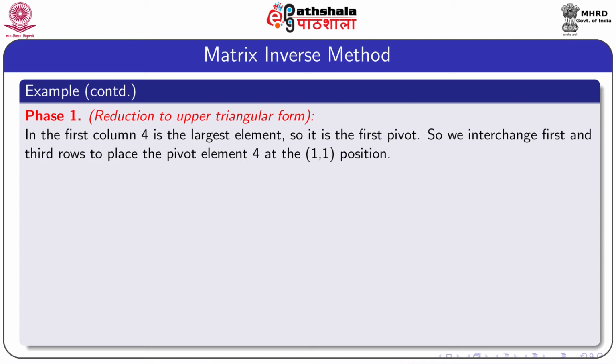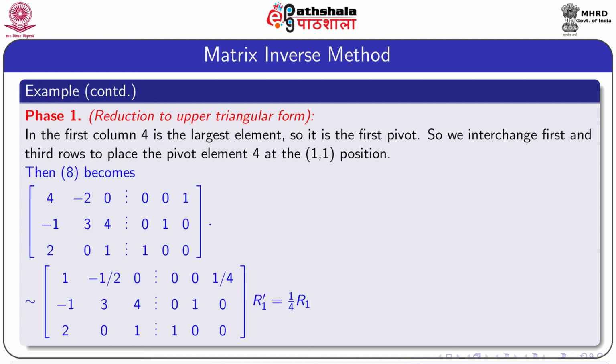So, we interchange the first and third rows to place the pivot element 4 at the 1 1 position. Then the augmented matrix becomes this one: 4, minus 2, 0, 0, 0, 1; the second row remains unchanged and the third row is 2, 0, 1, 1, 0, 0.